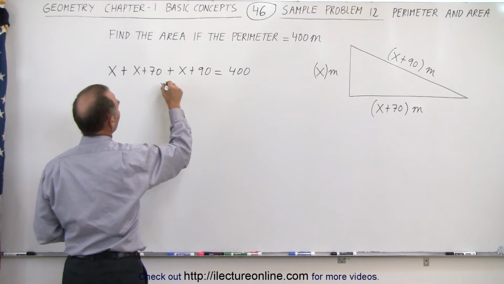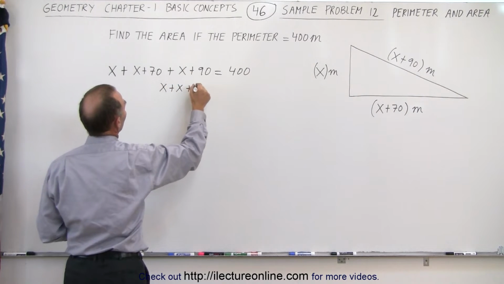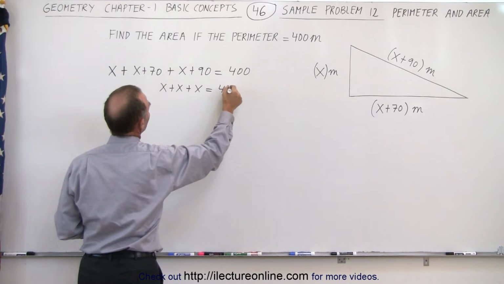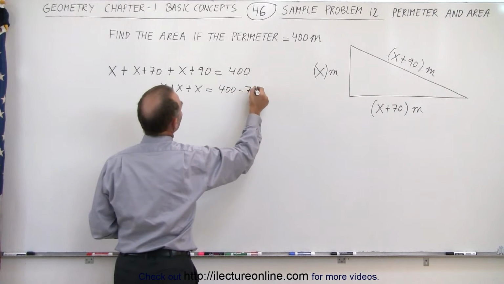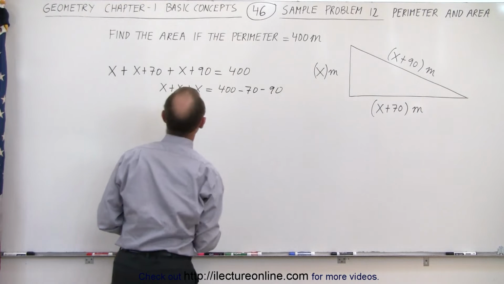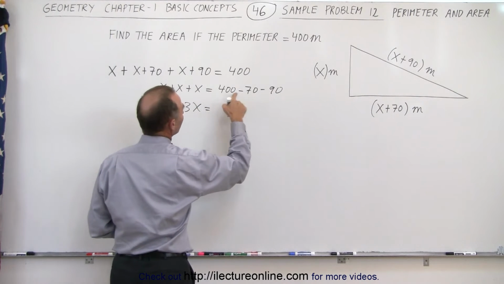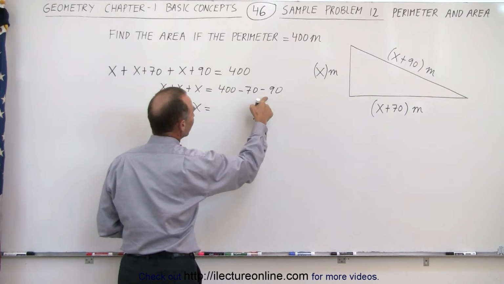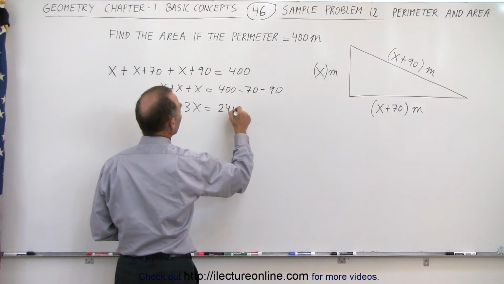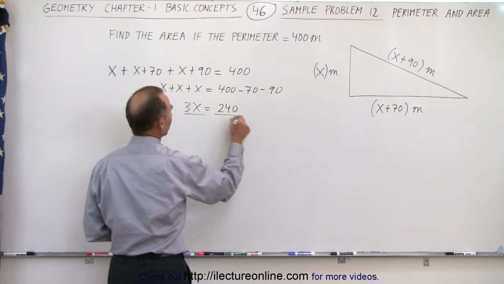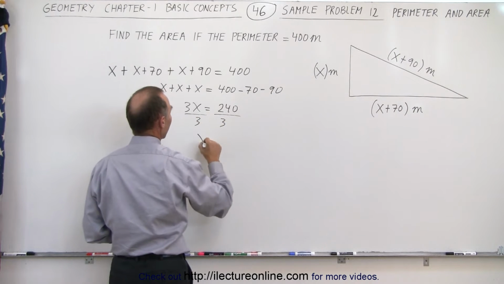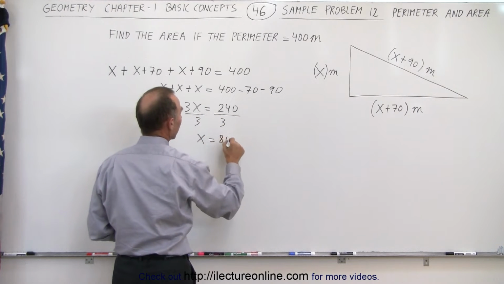So now we have on the left side x plus x plus x is equal to 400 minus 70 minus 90. So on the left side, we end up with 3x is equal to 400 minus 70 is 330, minus 90 is 240, which means that if we divide both sides by 3, x is equal to 80.